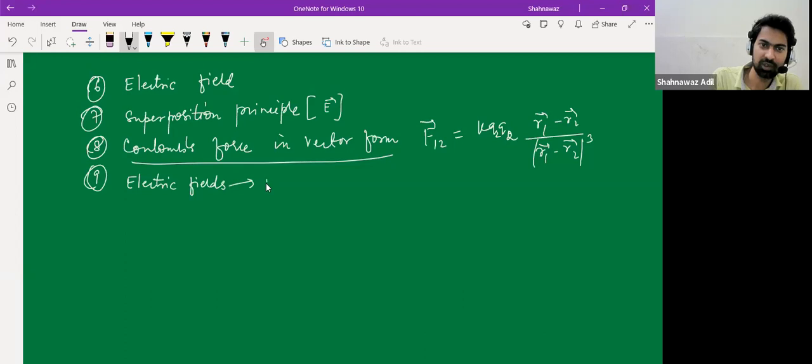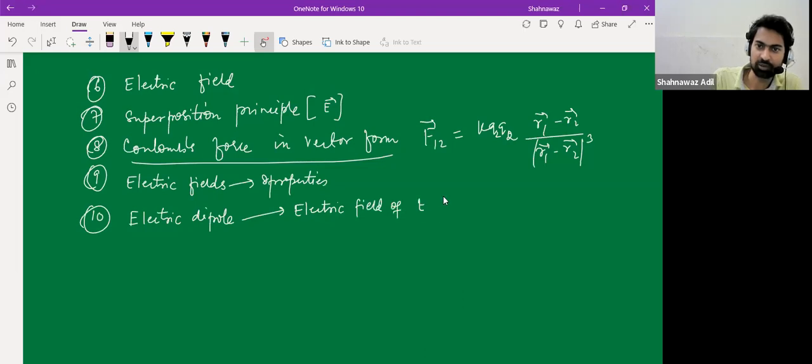We learned about the 8 properties. And in the 10th part, we learned about the electric dipole. Then we calculated the electric field of the electric dipole, the axial and the equatorial.